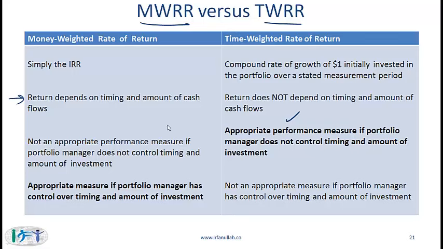So in this particular scenario, it would be appropriate to use the time weighted rate of return and not the money weighted rate of return. On the other hand, if you have a situation where the investment manager does have control over the timing and amount of investment, then it makes sense to use the money weighted rate of return.